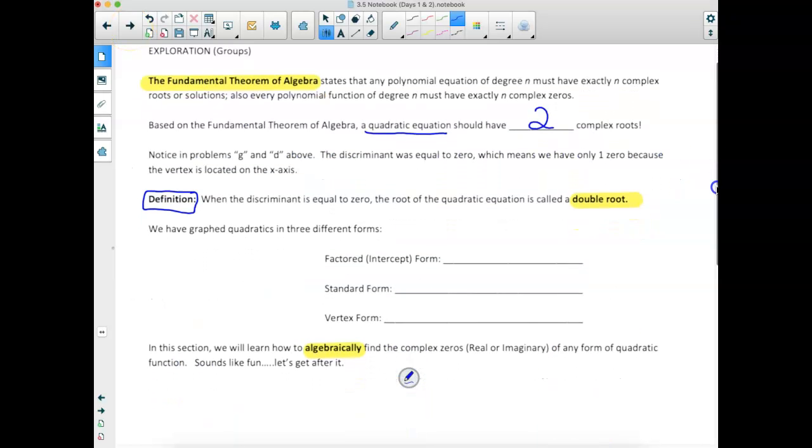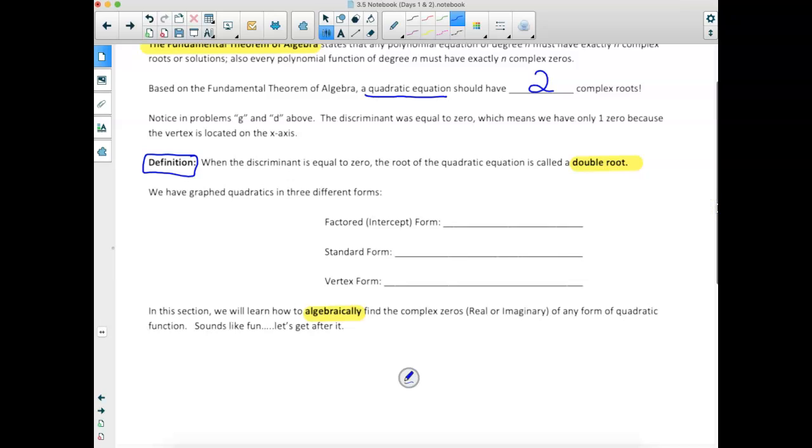And what we're going to cruise along is we've graphed quadratics in 3 different ways. Factored form, which is f of x equals a times x minus root number 1 times x minus root number 2. We've done standard form. Oh, wasn't that the fun one? f of x equals ax squared plus bx plus c.